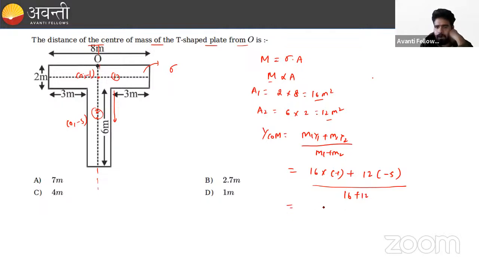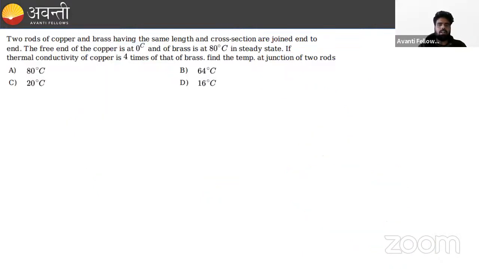In this manner, this will become minus 16 and minus 60 over 28, so minus 76 upon 28. After solving this, this value will become minus 2.7 meters. So option B is the right answer here. Let's move to the next problem.